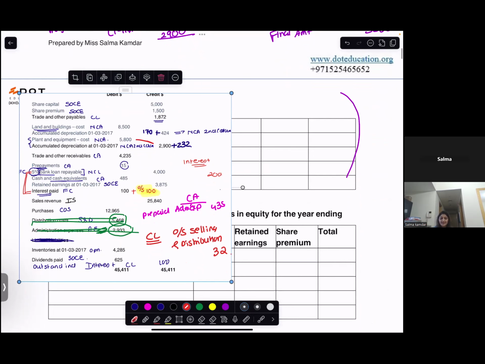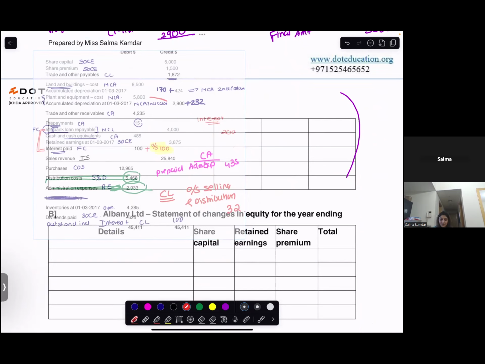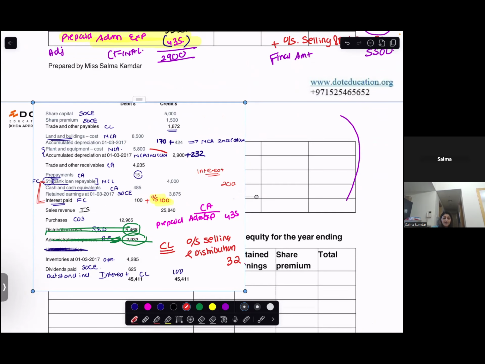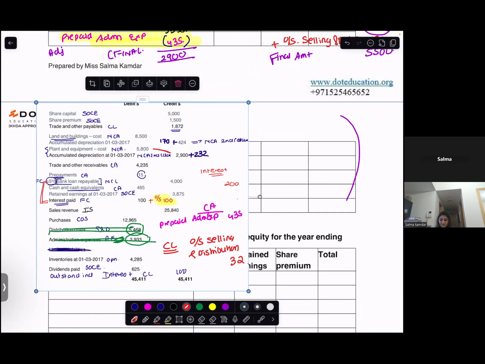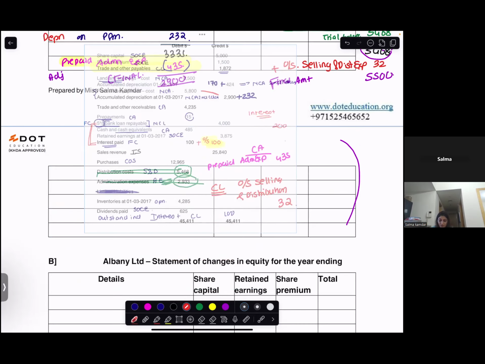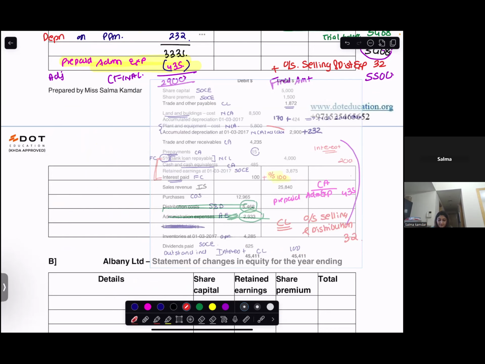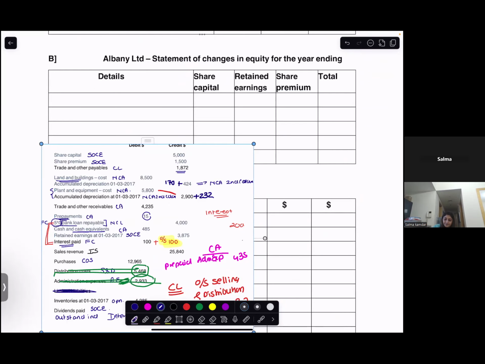I keep on rotating and see where to put what. We take item by item and start putting. I have share capital, I have share premium. SOCE. So 5,000 and 1,500. Go and write it.